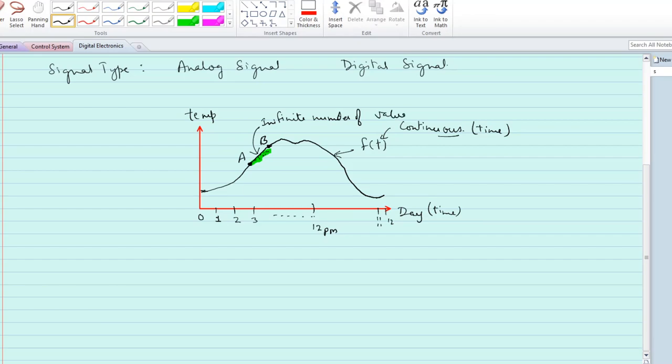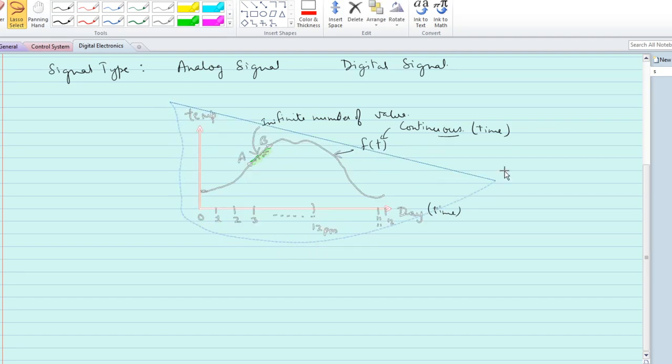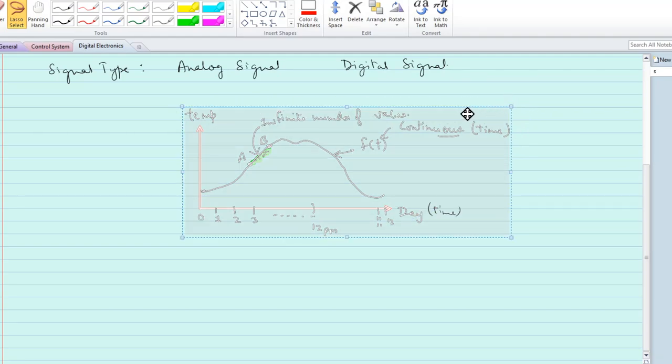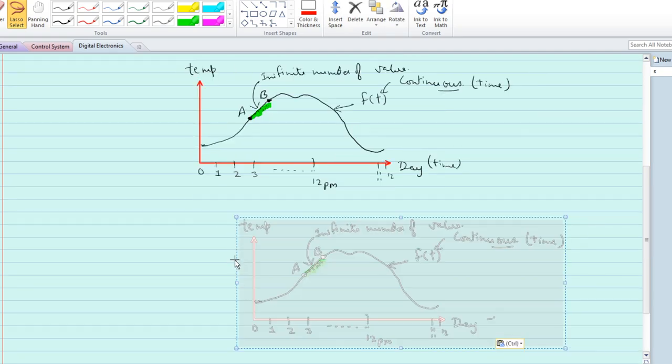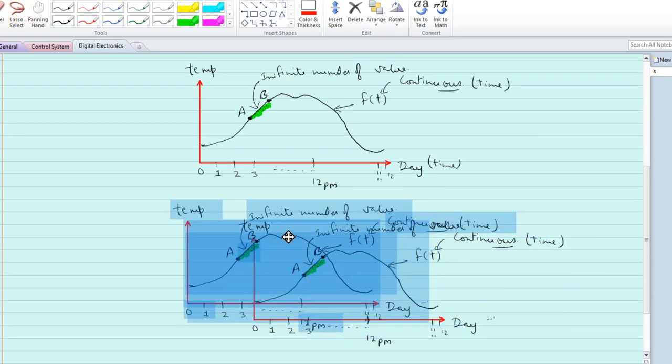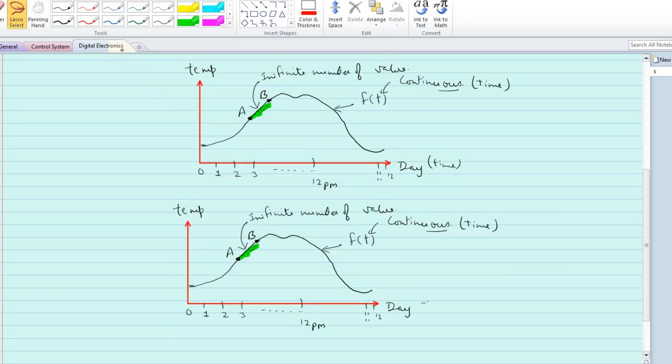Okay, but if we discretize this circuit like this, suppose the same circuit is again considered here, but we sampled it actually at different instants. Sampled means we take values at different intervals of time.